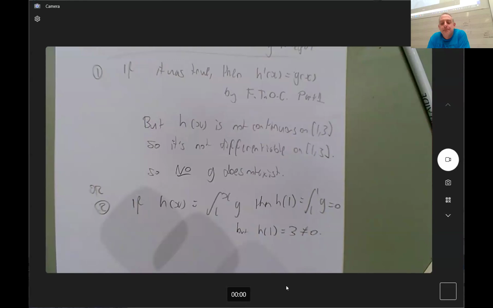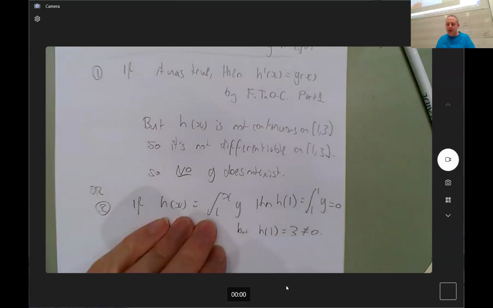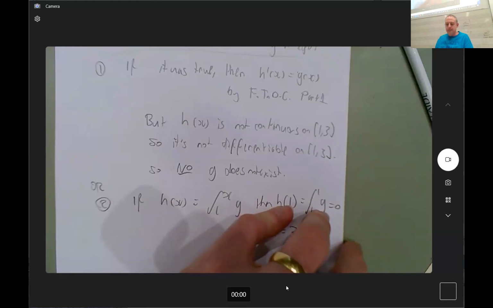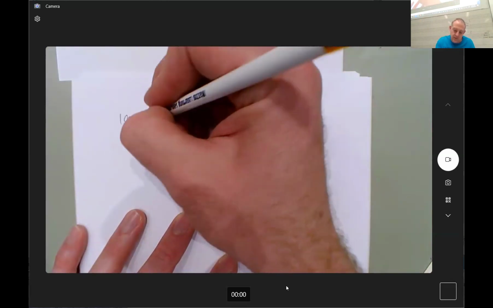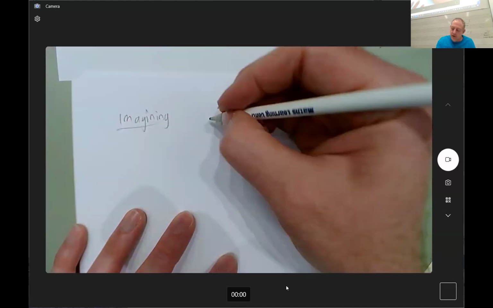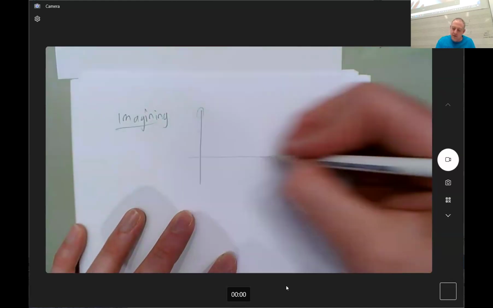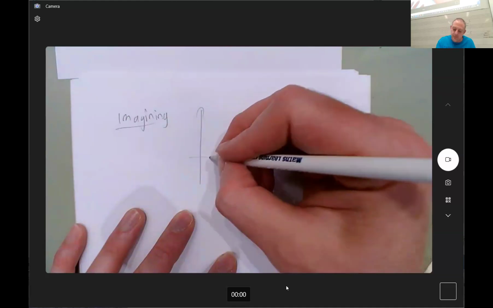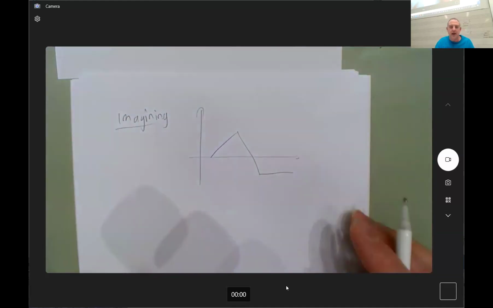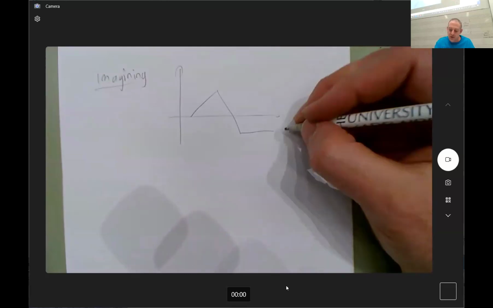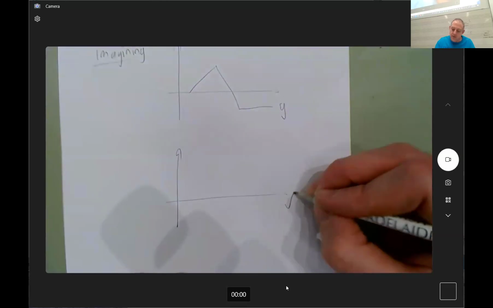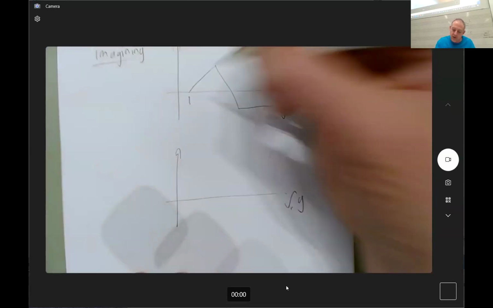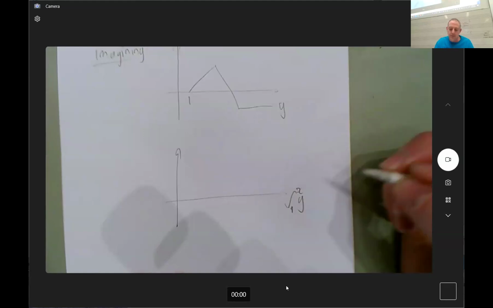Fascinating. So just riffing off of that, just to be absolutely sure, imagining I had some function like that, let's call this g, and I did the running integral from 1 to x of g.